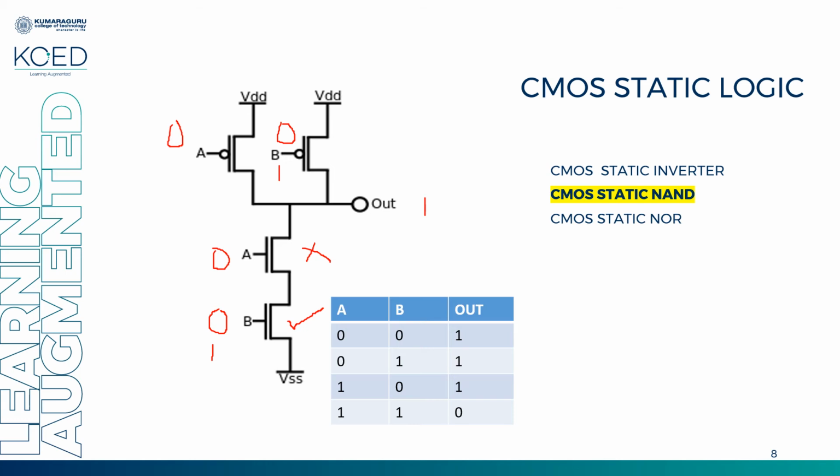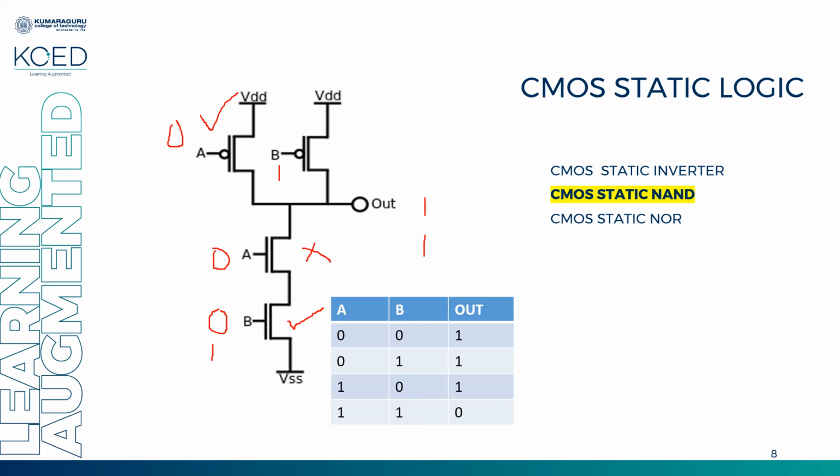Here I have my B as 1, A as 0. So my A transistor will turn on. Now here I have a path from VDD to output. Again, my output is 1. Why don't I have any draining of the output? This transistor is in off condition.